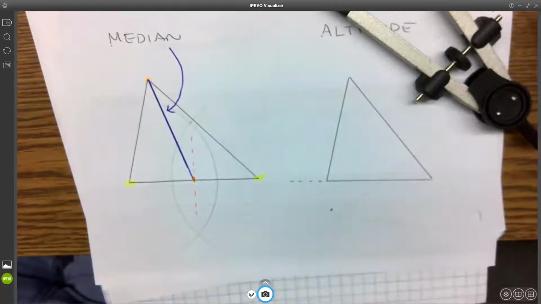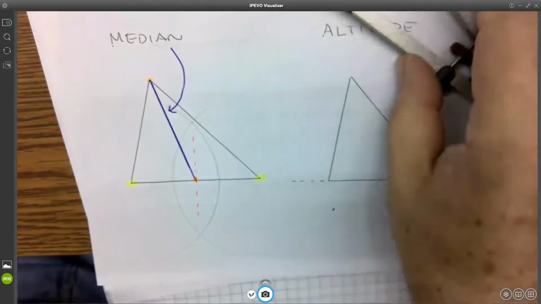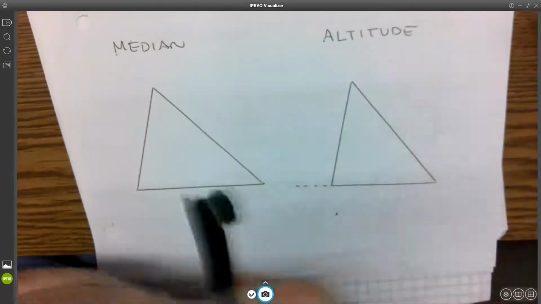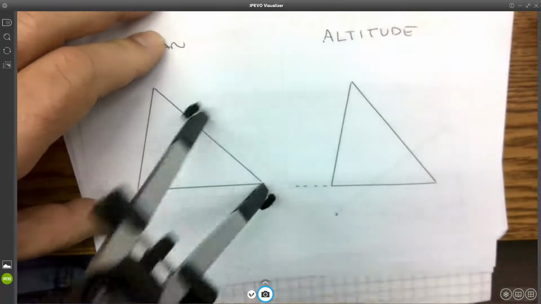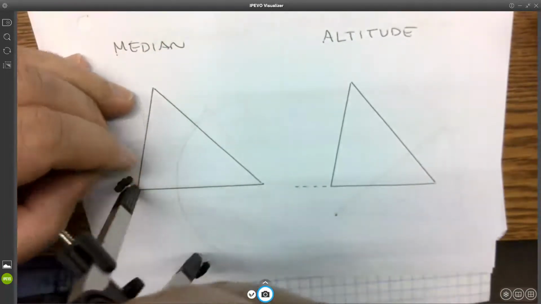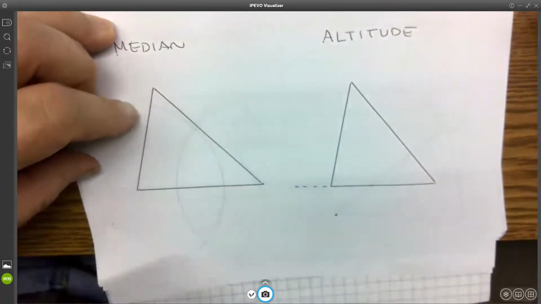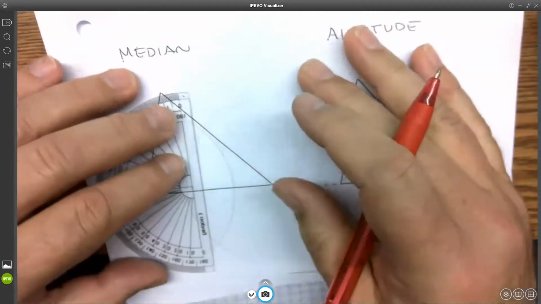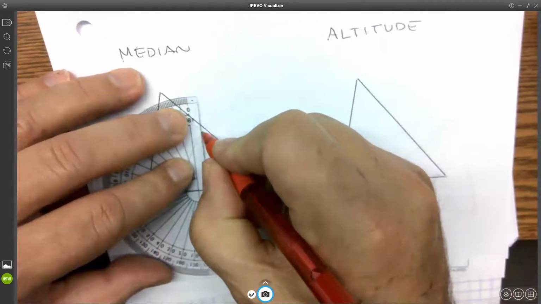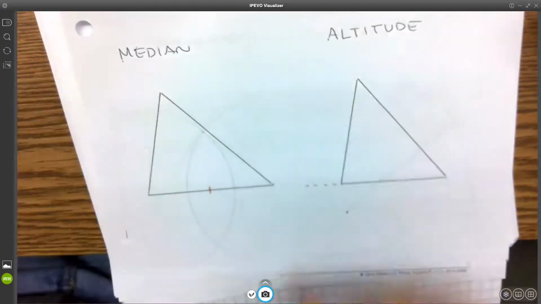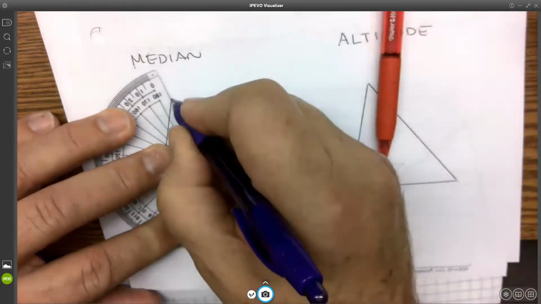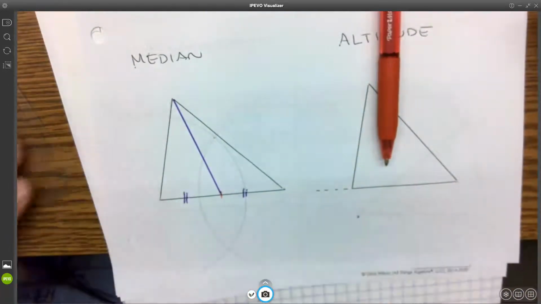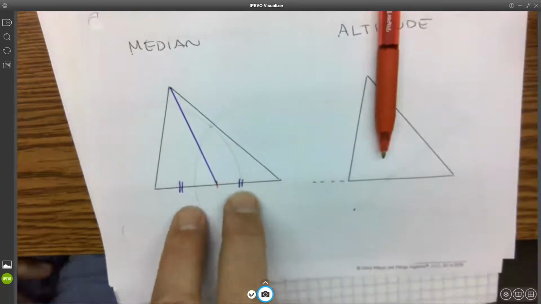And once you've done one median, please flip to the homework page and do the second one. And I do think it's a good idea to show that this is the midpoint by putting in those hash marks.